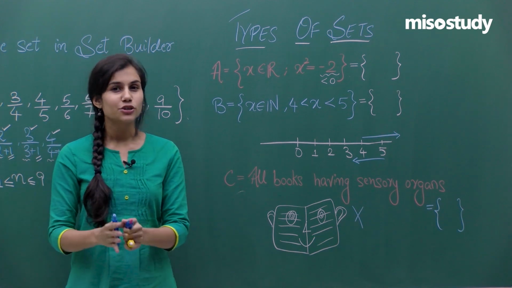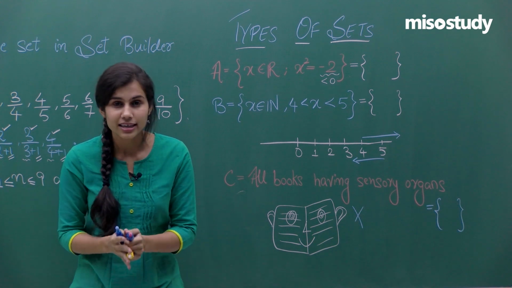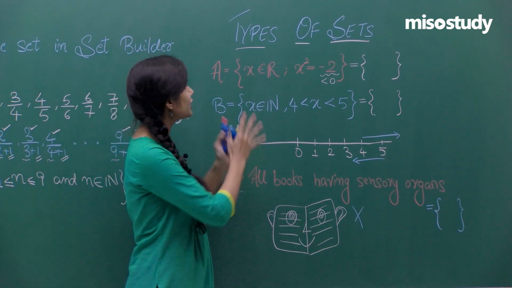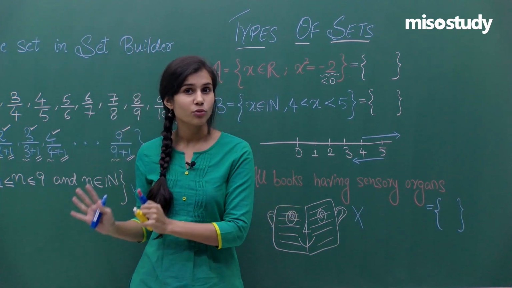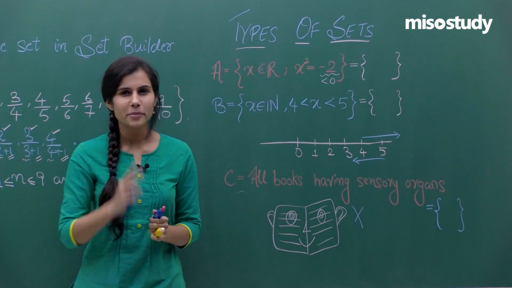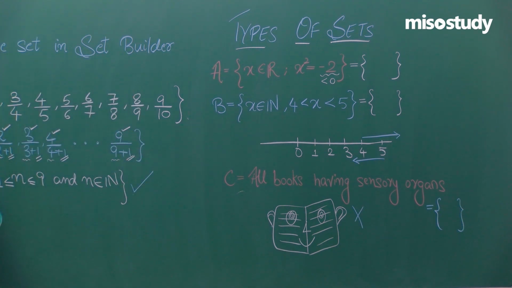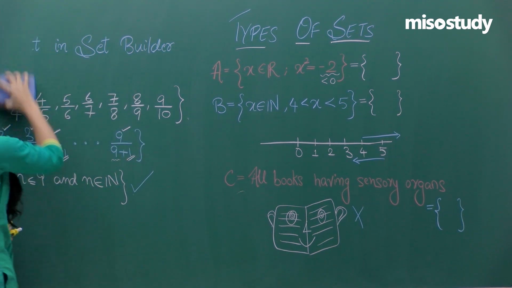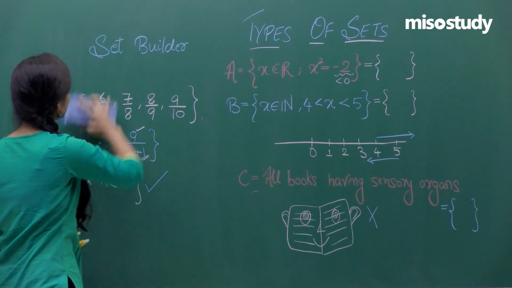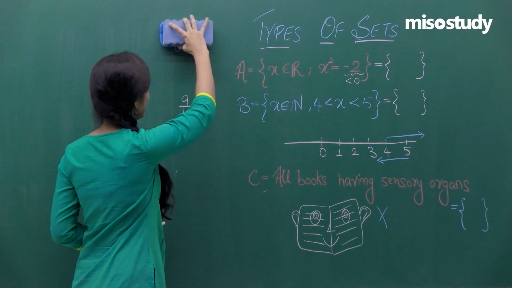In order to get to the formal description of what empty sets actually are, it is very important that you note all these facts down in your notebooks, because then I will be moving on to a formal discussion on empty sets. So guys, are we now ready to actually understand what is the very formal structure of empty sets?